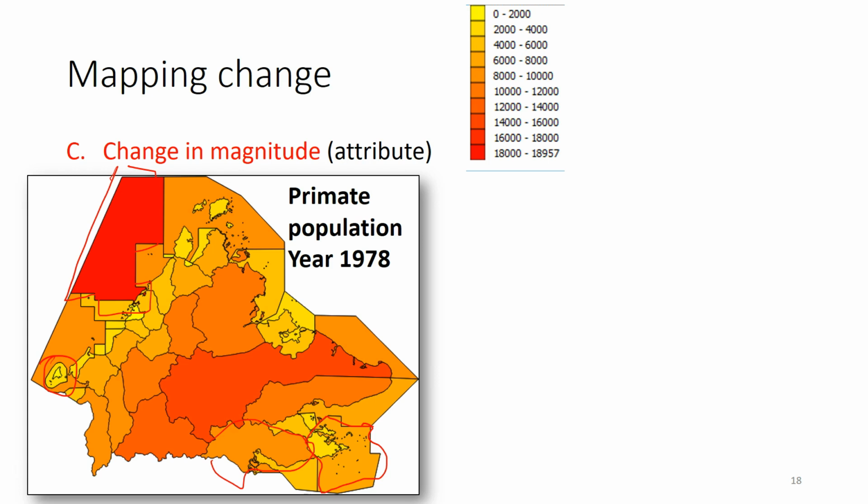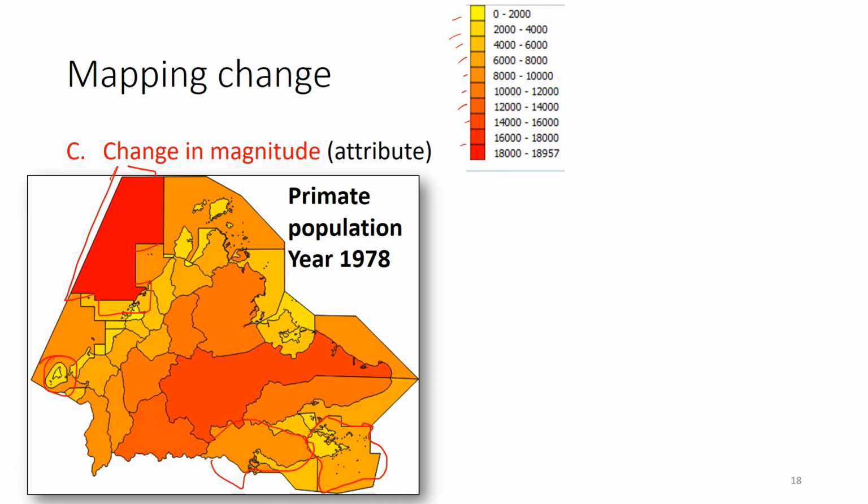How many of them, how many male, female? In this case it is how many primates in total for each of the polygons. Then I can label the polygon according to the number in the attribute table. How many primates in this district?